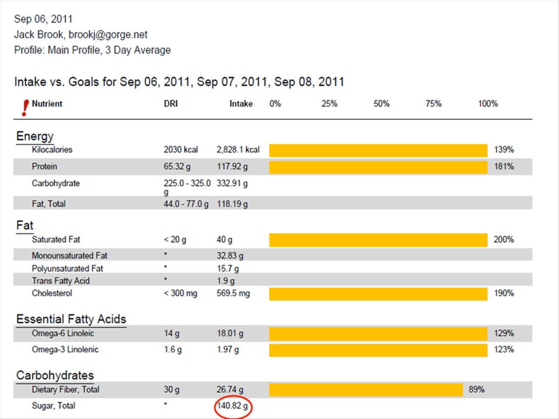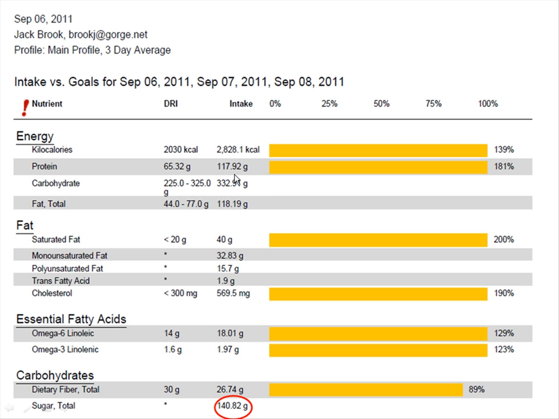So in my scenario, if we look again at that 3-day average page down at the bottom of this slide, you'll see, but in your scenario, you just go down and look for carbohydrates, look for sugar, and this shows me the average grams that I ate over my 3 days.